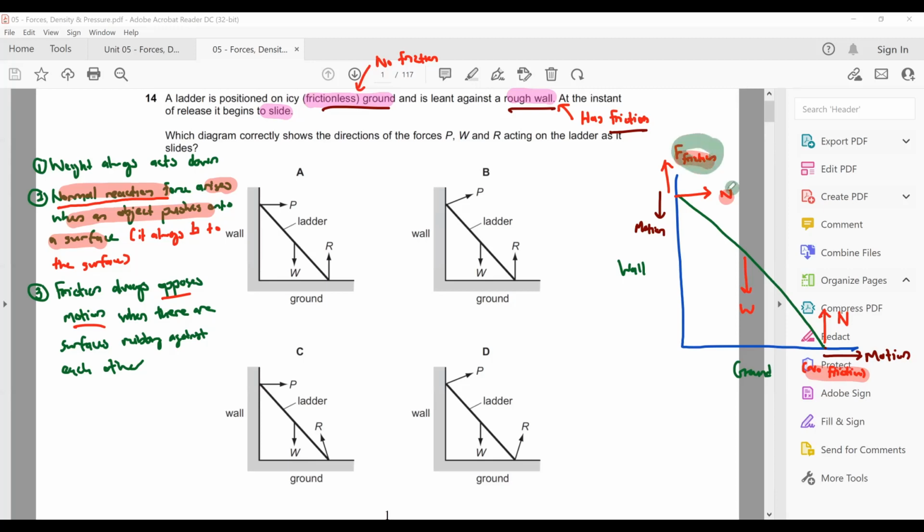Sorry, sir, I couldn't really hear you. It was like a bit laggy. I think my Wi-Fi is not that good because it's raining really heavily. Oh, okay, right, no worries. I'm just asking you whether at the top part, at the wall, the frictional force and normal reaction force can give you a resultant force. Is it correct to say that I can combine those 2 forces into a resultant force?